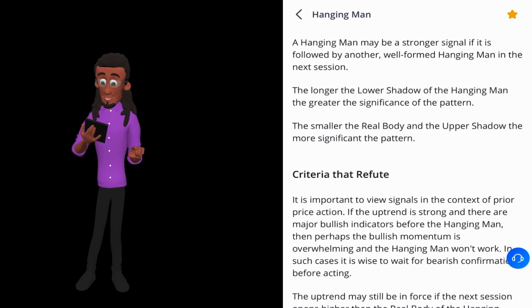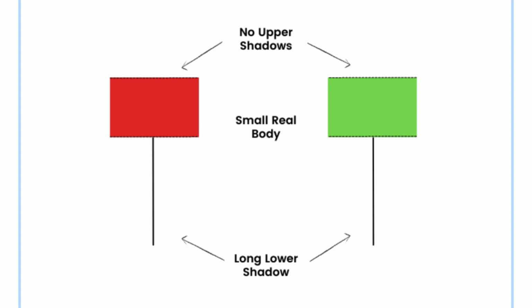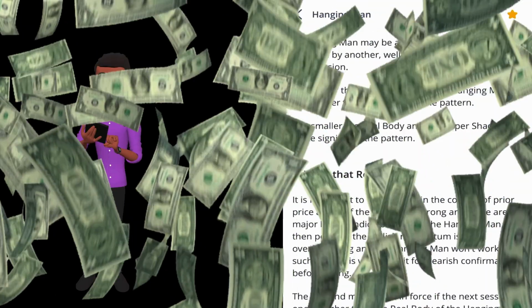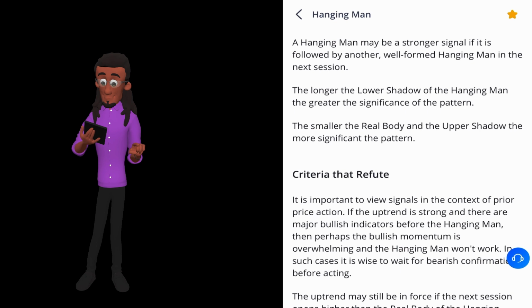A hanging man may be a stronger signal if it is followed by another well-formed hanging man in the next session. So this is what we talk about, tail bars. If you have two tail bars back to back, two hanging man candles back to back, it's a very strong signal.